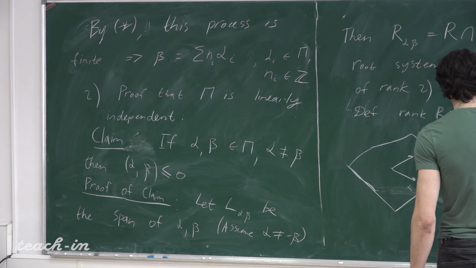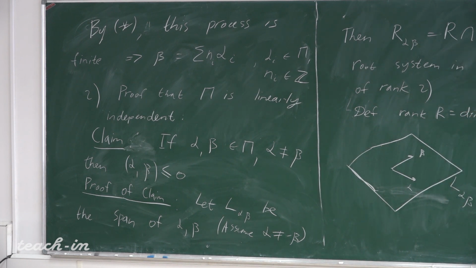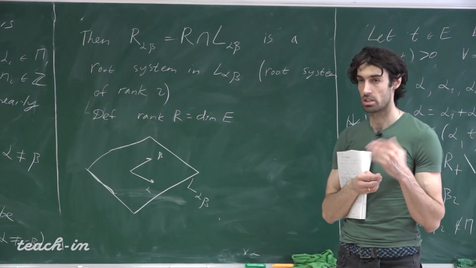Okay, so. Excuse me, Professor. Yes. I wanted to ask, when you talk about the simple roots, are you counting the reflection also or not? No, so simple roots are positive roots by definition.